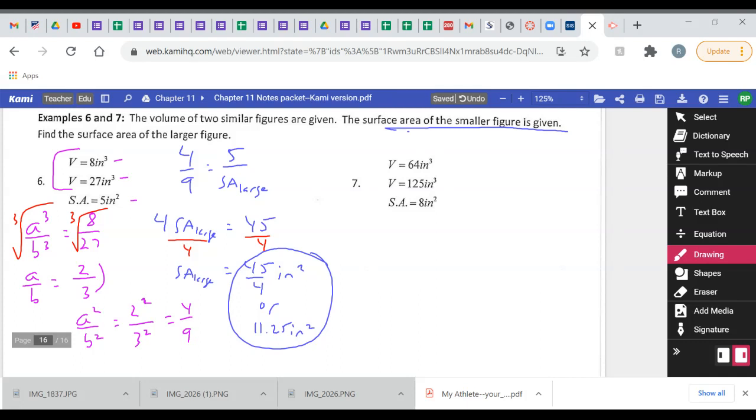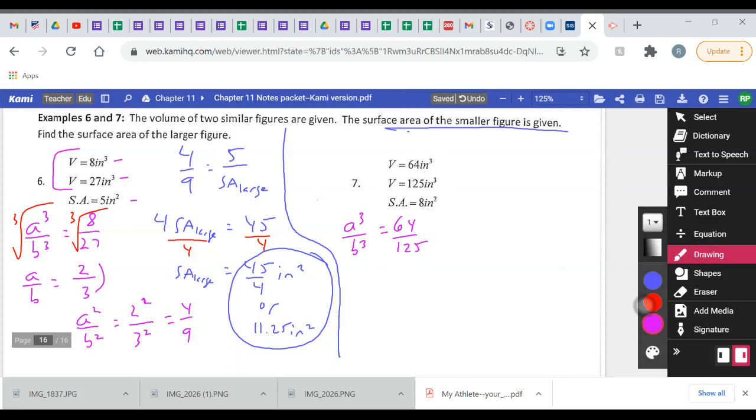Number 7, same idea. You can try this one on your own if you want, and then come back and check it. It's probably a good idea to get some practice on that. All right, so this last one on number 7, same idea. We've got our a cubed over b cubed, and that's equal to 64 over 125. If I go ahead and follow the same pattern as last time, I'm taking the cube root of both sides.